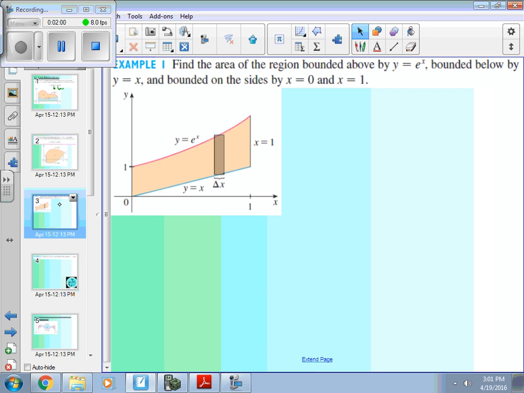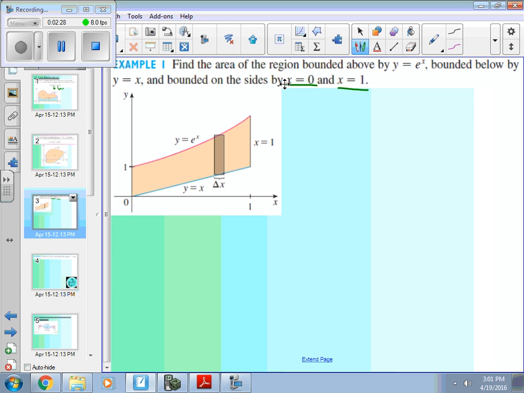All right, so let's try one out here. The first example says find the area of the region bounded. Bounded means like enclosed by that. The different equations are going to be the outside of the shaded part. Of y equals e to the x, it's this red or pink line here, and it's bounded below by the line y equals x, and bounded on its sides by these two functions, x equals 0 and x equals 1.